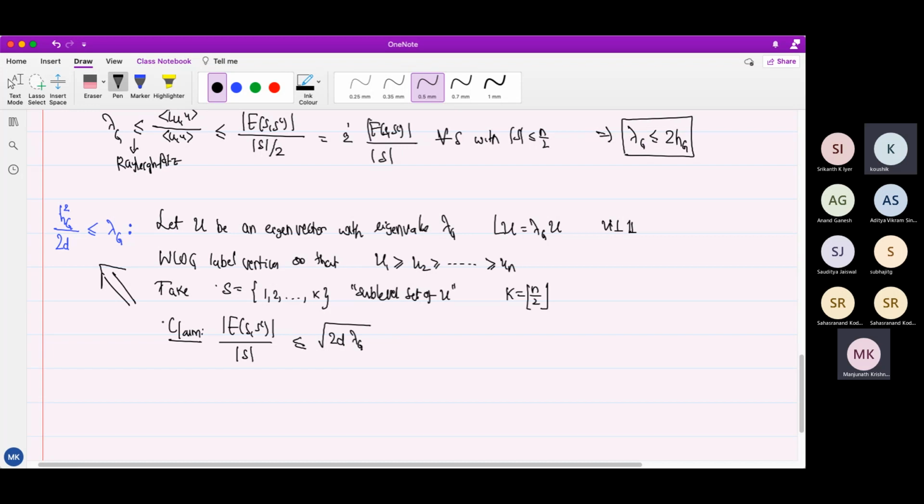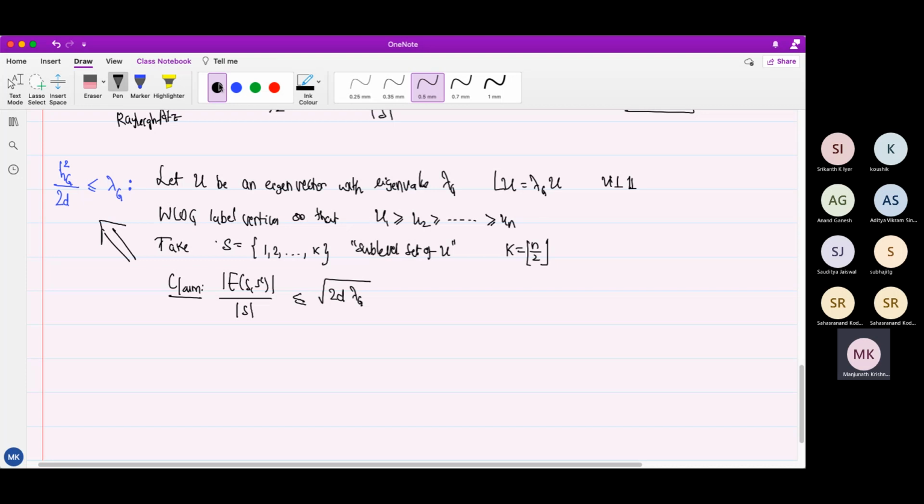H G is the minimum of those, right? So if you find one of them, then it follows that H G is smaller. You just need to produce one set with small expansion, small meaning relative to this. So if we just show this, then it follows that H G is less than or equal to this, which is less than or equal to this. So that is the way to show it.